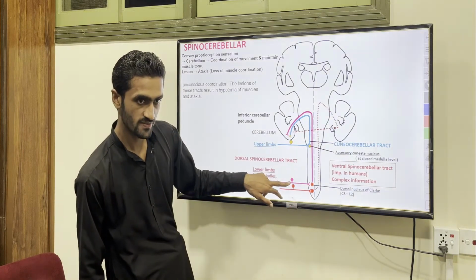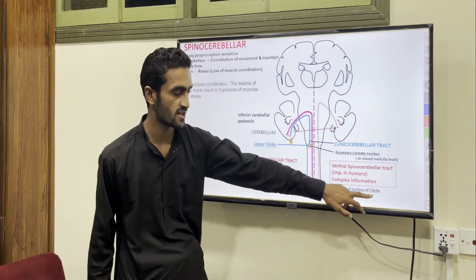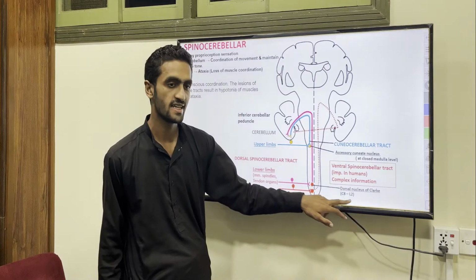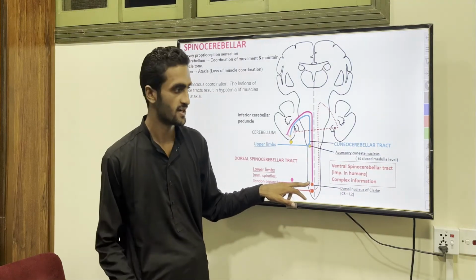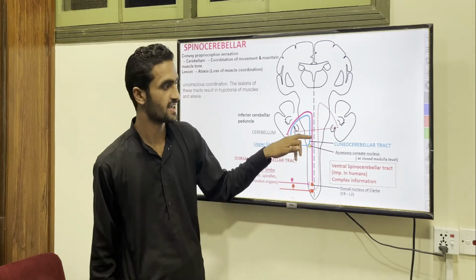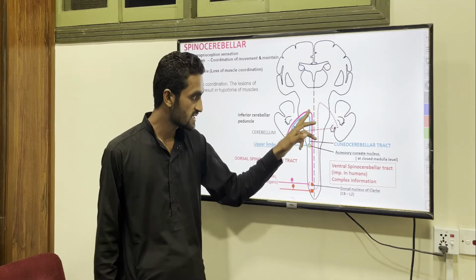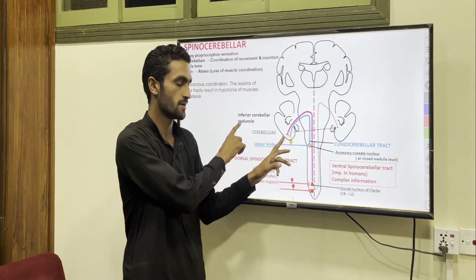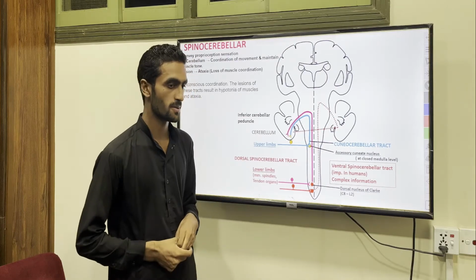This is our first order neuron, and this is the nucleus, the nucleus of Clarke. It reaches that one, and then moves ascending to the cerebellum. It enters through the inferior cerebellar peduncle. Just remember, this enters by the inferior cerebellar peduncle.